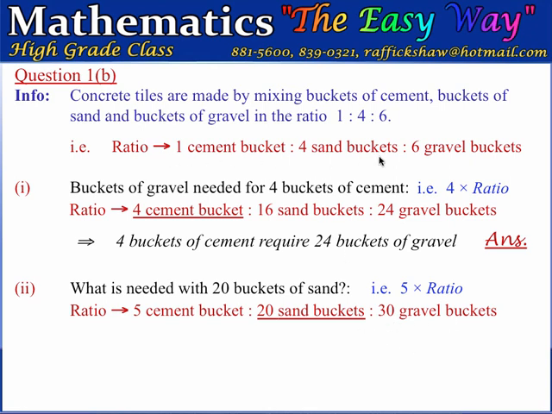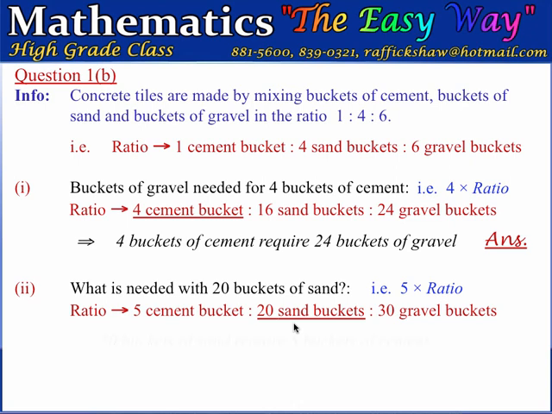So when we multiply this ratio by 5, it becomes 5 buckets of cement to 20 buckets of sand to 30 buckets of gravel. And so this is the ratio when we have 20 buckets of sand.